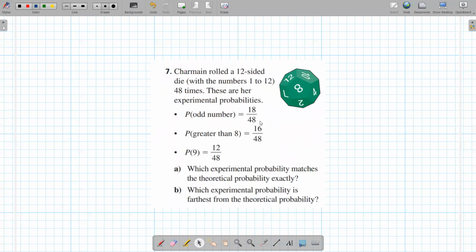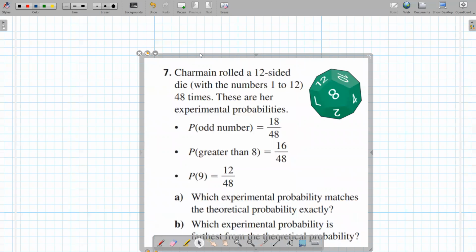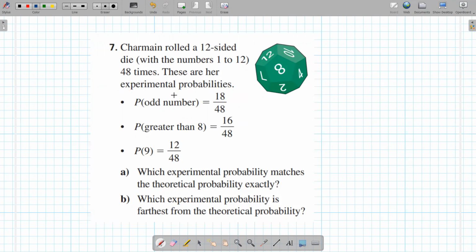Let's look at this. Now this is a dice that has 12 sides. These are the experimental probabilities. Question 1 is asking which experimental probability matches the theoretical probability exactly. So there are 12 numbers. What's the probability you roll an odd number in one try?